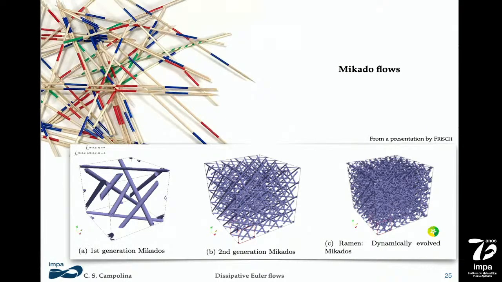And as I mentioned, the idea is to construct a sequence of solutions and to perform perturbations with these Mikado flows. And at each step, you perform a different perturbation, which operates at frequencies more and more frequent, right?